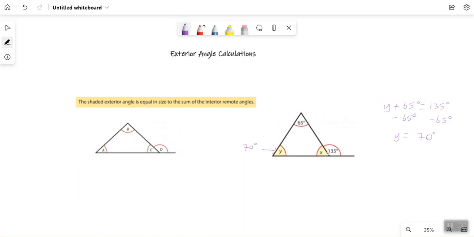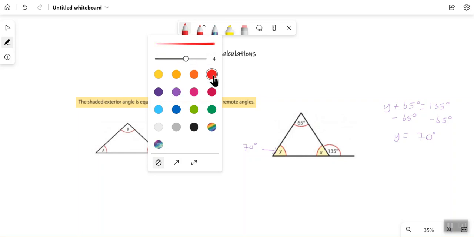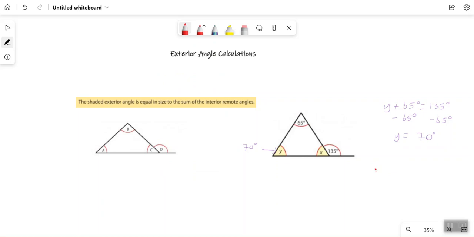Let's go with the straight line first. So we say that x degrees plus 135, both of these have to add up to 180 degrees.